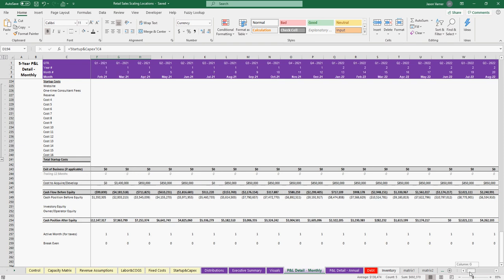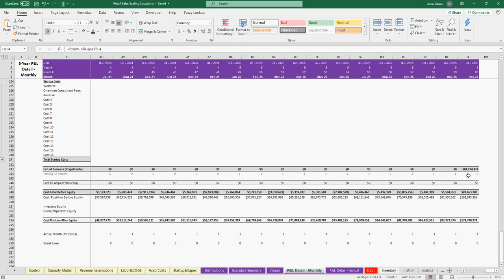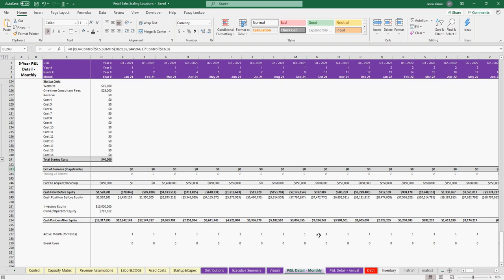This is just to figure out what 12 months to count when we're doing our multiple, which is this. You can see it's just basically summing up, if this is a 1, summing up all the EBITDA multiplied by the multiple on the control tab. Cash flow before equity, cash position before equity, and then we get this money in. So here's actually what money you should expect to be in the business's bank account.